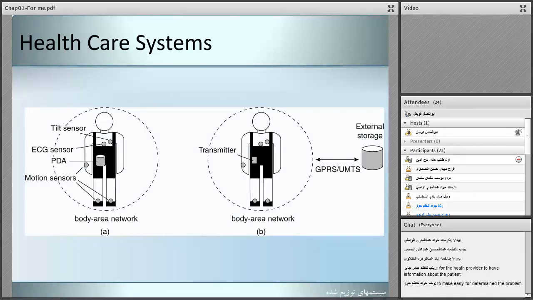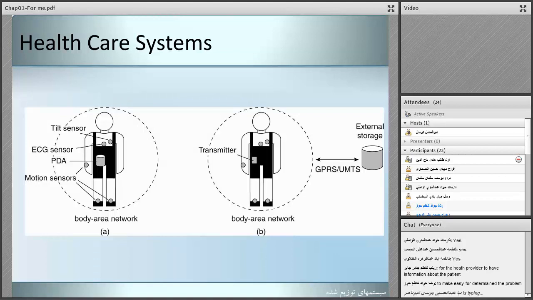Okay, for the health provider to have information about the patient. Okay, I know. To make it easy to determine the problem. Okay, why do we use this system? What's the main goal?